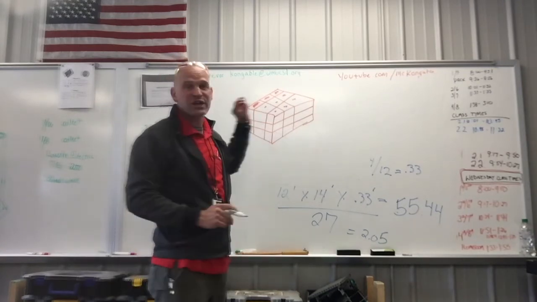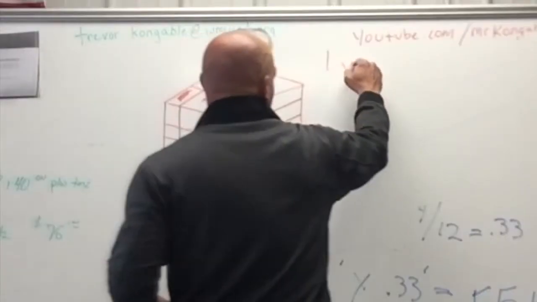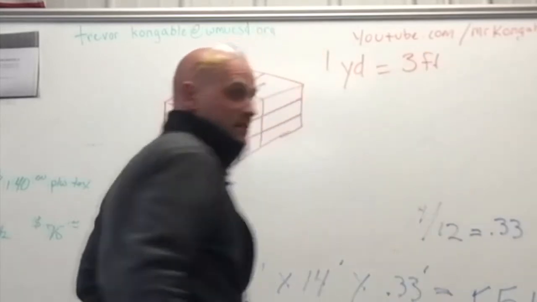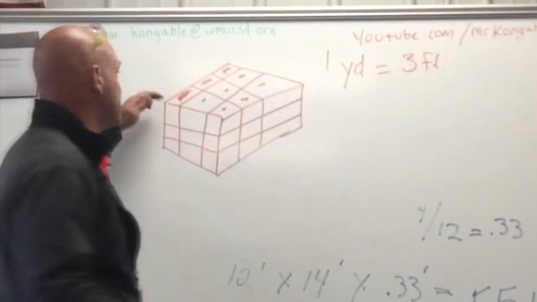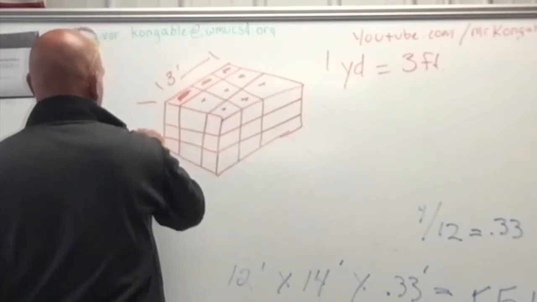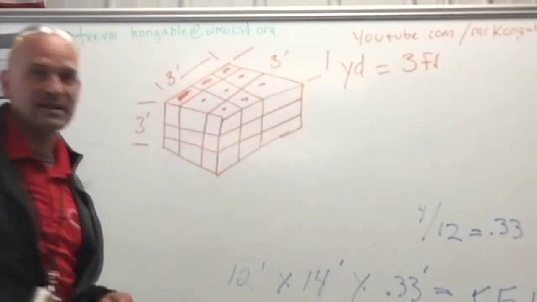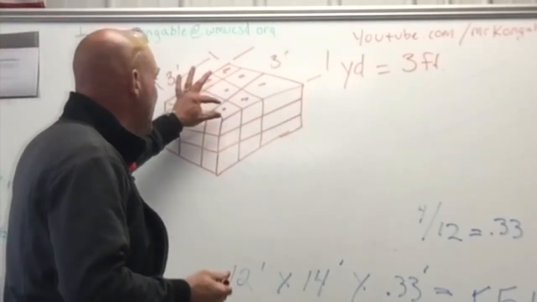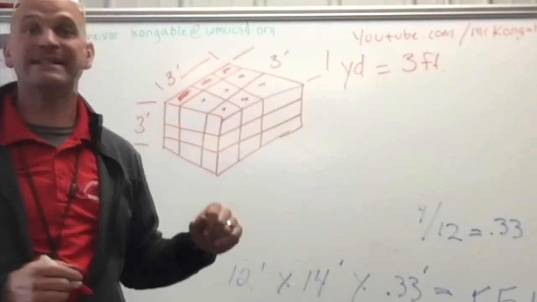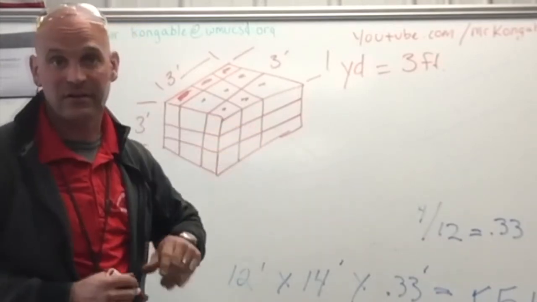This would be a cubic yard because 1 yard equals 3 feet. So if this is 3 feet by 3 feet by 3 feet, we wouldn't have 9 cubes. We would have 27. 9, 18, 27.